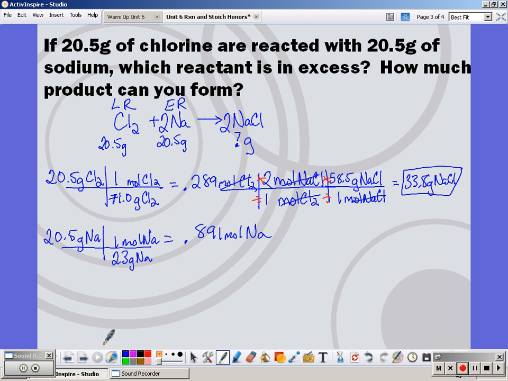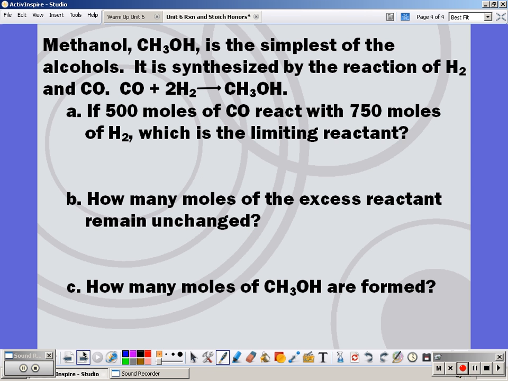One more example. Methanol, CH3OH, is the simplest of all the alcohols. It is synthesized by the reaction. So they give me the reaction. That reaction has a coefficient in it, so I know that the reaction is already balanced. If I have 500 moles of CO and 750 moles of H2, which is a limiting reactant?